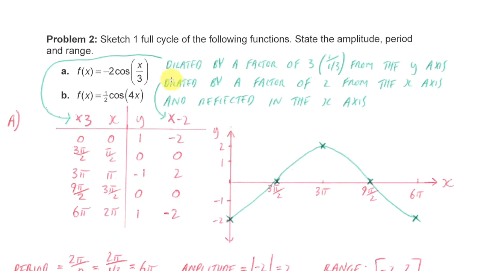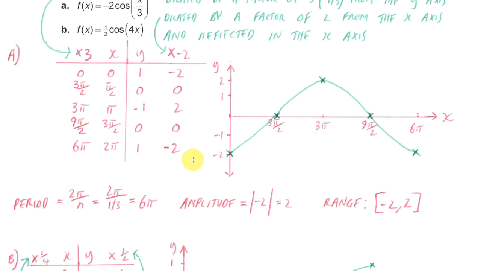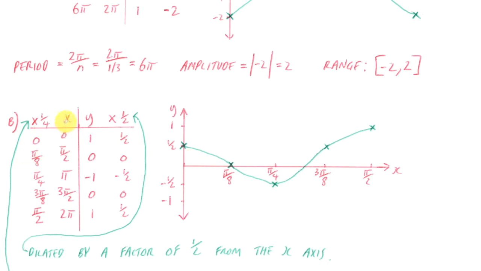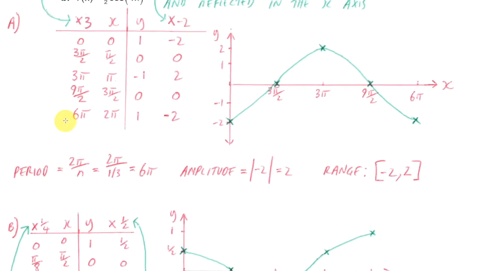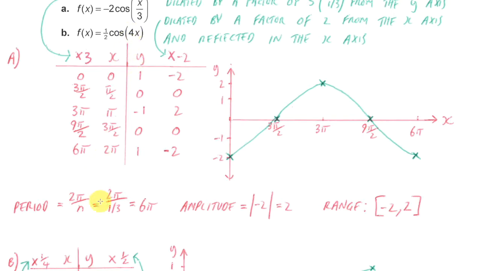The second graph, we've got f of x equaling a half cos of 4x. So we form our grid, put in the critical values for cosine. Out the front, we have a half, so every y value is multiplied by a half. The number immediately in front of the x is 4.